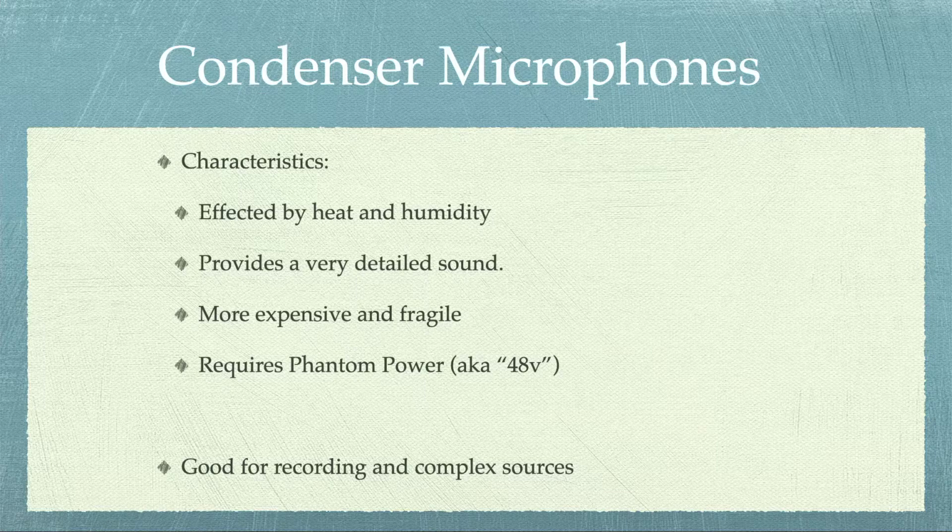It provides a very detailed sound because without that magnet slowing down the diaphragm, the diaphragm can react much faster. Therefore, it's much more sensitive and much more detailed. It is more expensive and fragile because, again, that piece of plastic and that piece of gold that's coating it is insanely thin, so it potentially can be damaged.